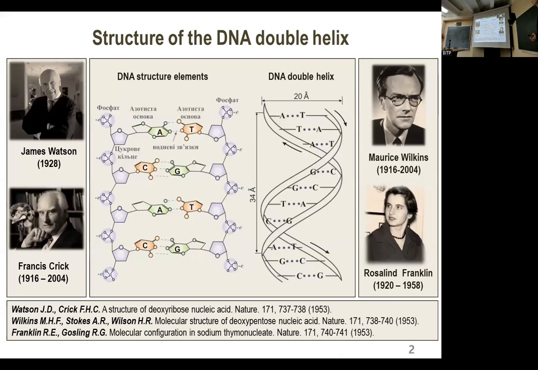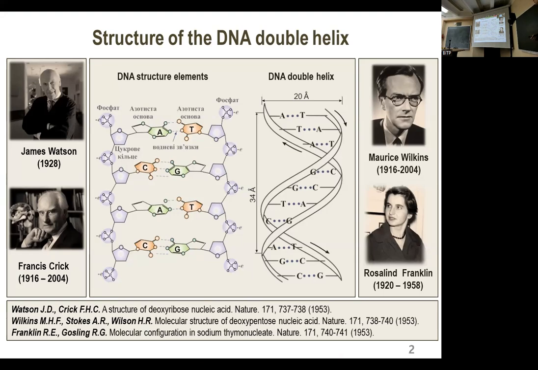I just remind the structure of the double helix, the structure of DNA. It is well known that it has the double helix form with the sugar phosphate backbone outside and nucleotide pairs inside the double helix. Each phosphate group of DNA is negatively charged, and this is very important.